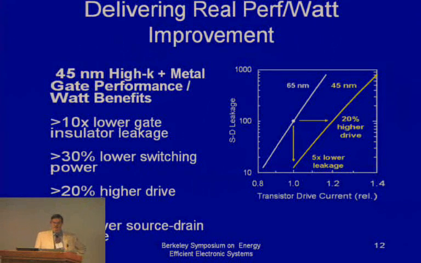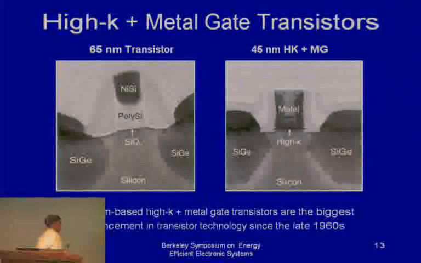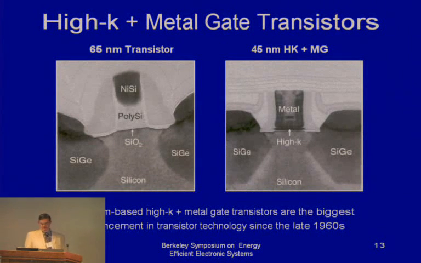And that by itself was a major step in advancing power-efficient computing by scaling of the current existing technology. What the devices actually look like is quite remarkable. At 45 nanometers, you see the high-K gate dielectric, the channel, the silicon germanium strain elements, and the metal gate, all integrated together to give you the performance that I just showed.